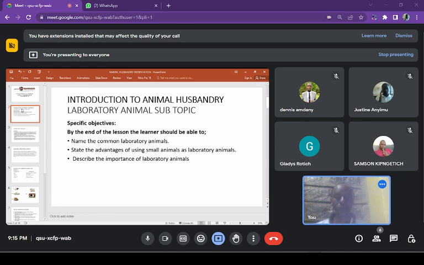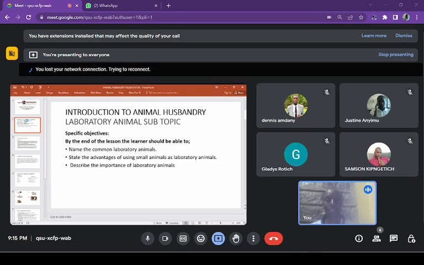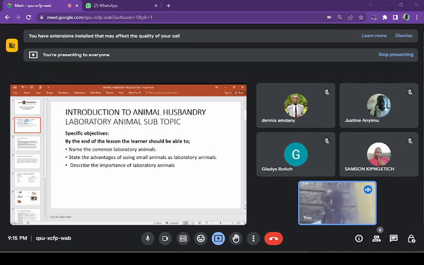But before we start discussing the objectives of today's lesson, I would like us to have a recap of what we discussed in our previous lesson, where we looked at the general view of animal husbandry. In that general view of animal husbandry, we said we were to discuss animals which are kept in laboratories specifically for the purpose of scientific research and other related activities.